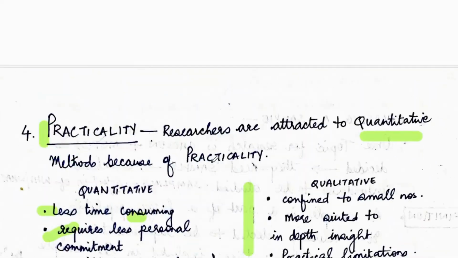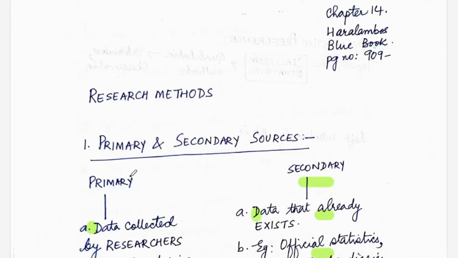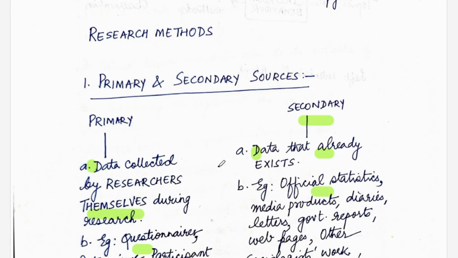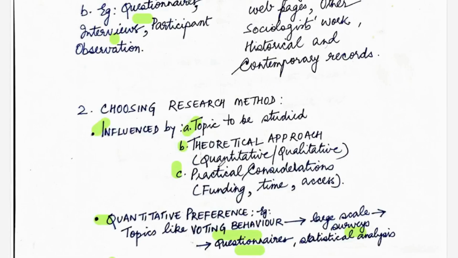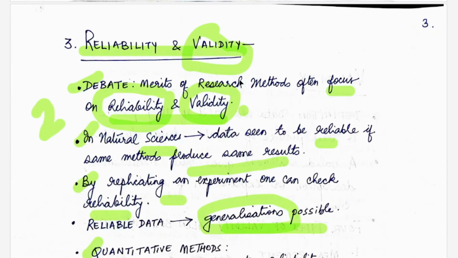So, this leads to the end of this particular lecture. We'll just go through a run-through of all the things we studied. First, we studied the types of primary and secondary sources. We also saw what influences the choice of research method. Then we talked about the reliability and validity debate. We also talked about reliability and its various types, the various tests.